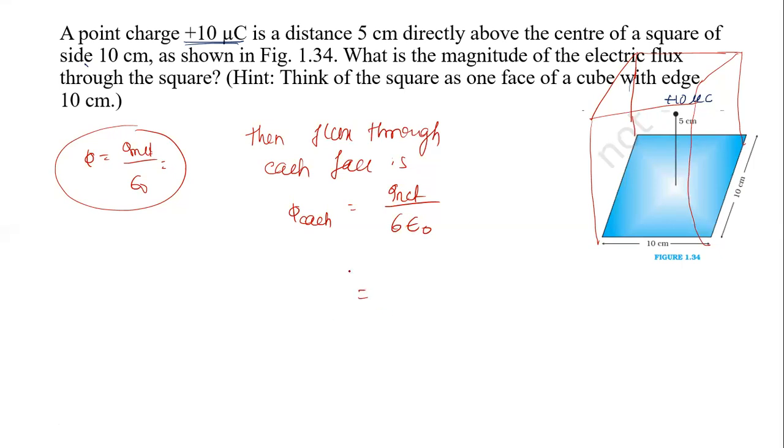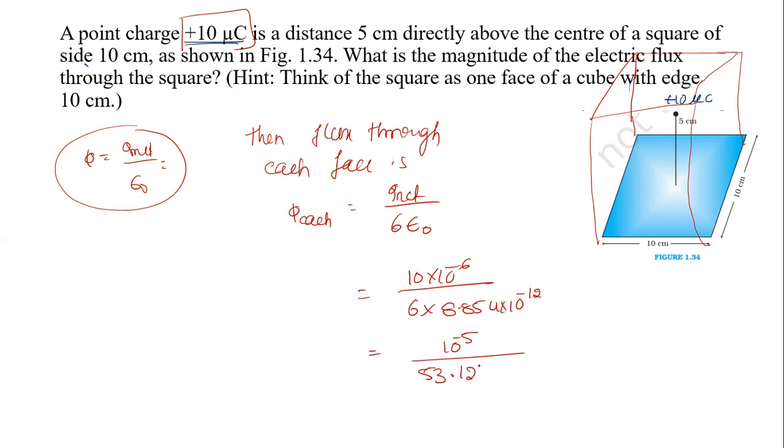Charge is 10 microcoulomb, so 10 into 10 power minus 6 divided by 6 into epsilon naught, which is 8.854 into 10 power minus 12. So this is 10 power minus 5 divided by 6 into 8.85, which becomes 53.124 into 10 power minus 12.